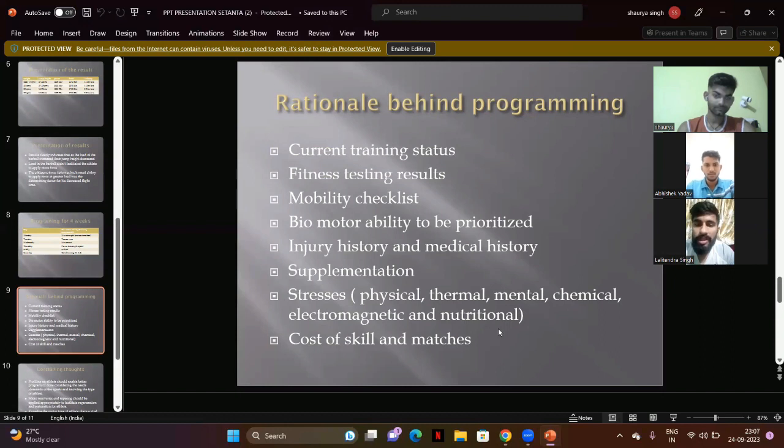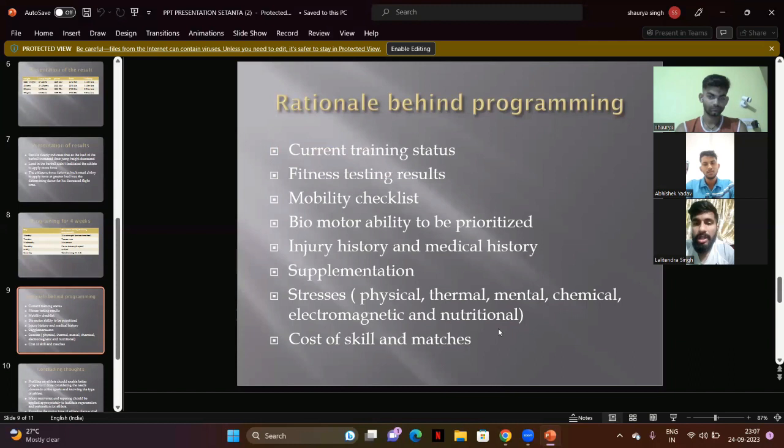The next thing will be supplementation. Is he using any supplementation or not? And what supplementation is good for him or not good for him will be determined based on his blood work. The next thing which I considered is the stresses: physical, thermal, mental, chemical, electromagnetic, and nutritional. Physical stress is anything apart from playing cricket that comes to the physical body.